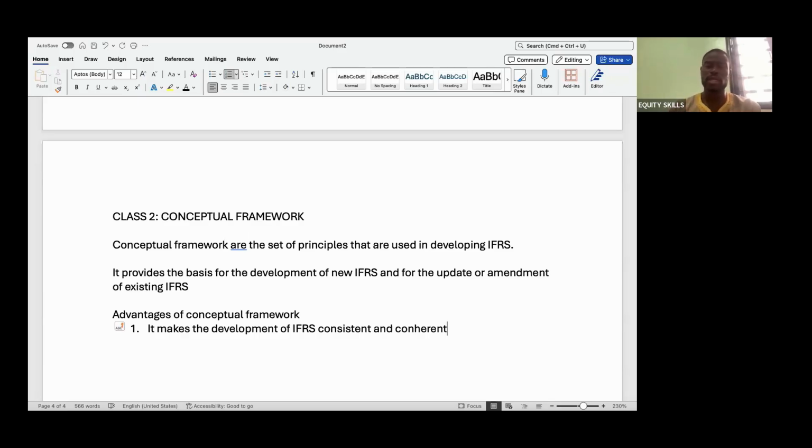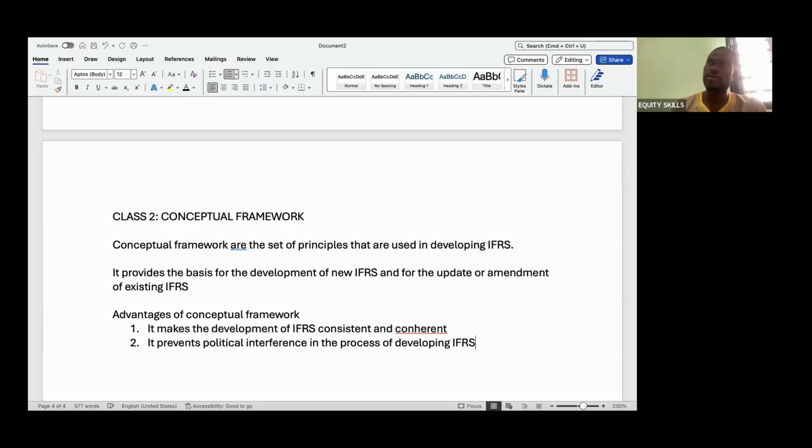very coherent. And number two is that it prevents political interference in the process of developing IFRS, in the sense that politicians or the government of the day might want to influence the reporting system of a country, right?